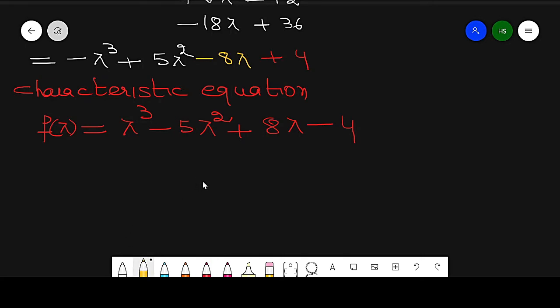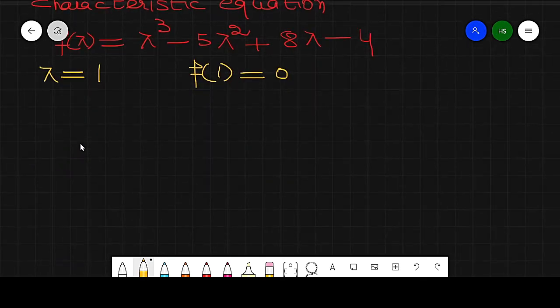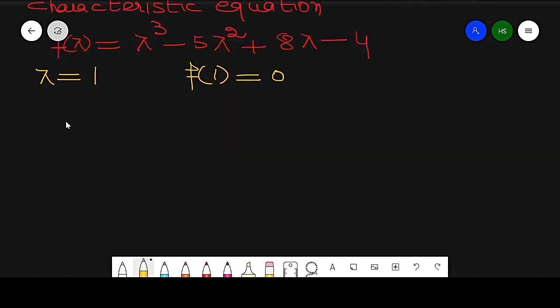Now to find its eigenvalues, we find its roots. First I use the hit and trial method. Put lambda equal to 1. Clearly we see that f of 1 equals 0, so 1 is a root of this equation.